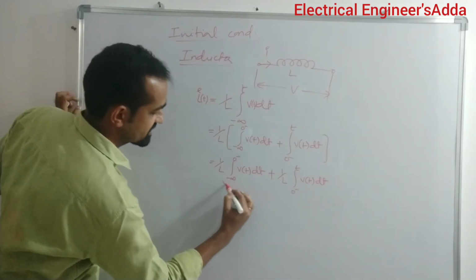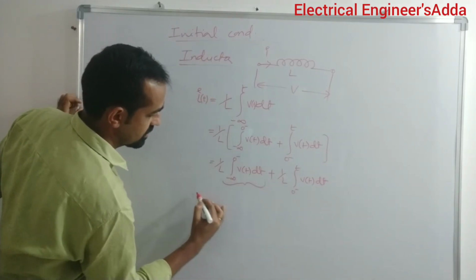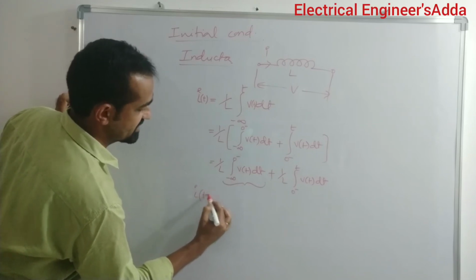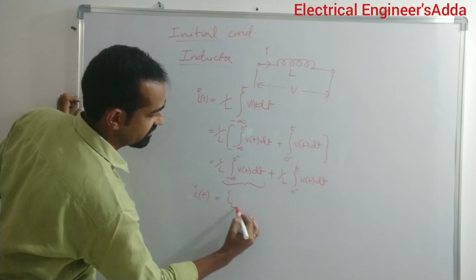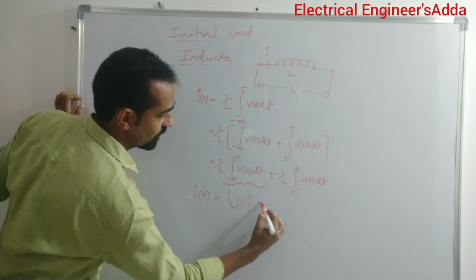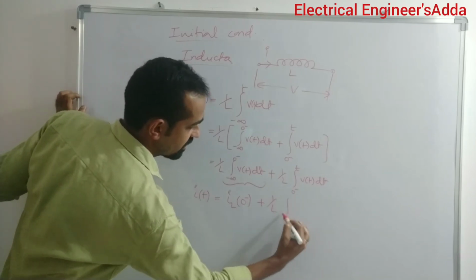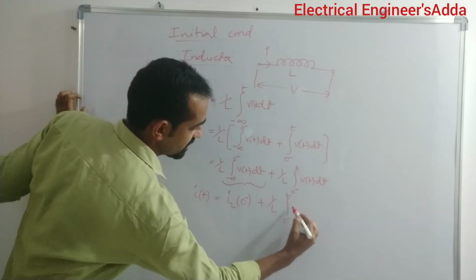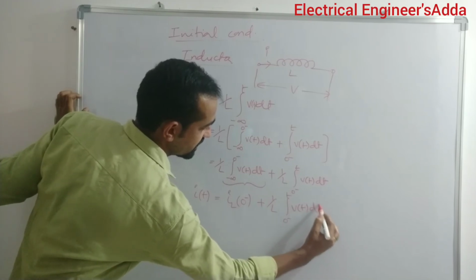This can be written as I of t is equal to IL of 0 minus plus 1 by L integral from 0 minus to t of v of t into dt.